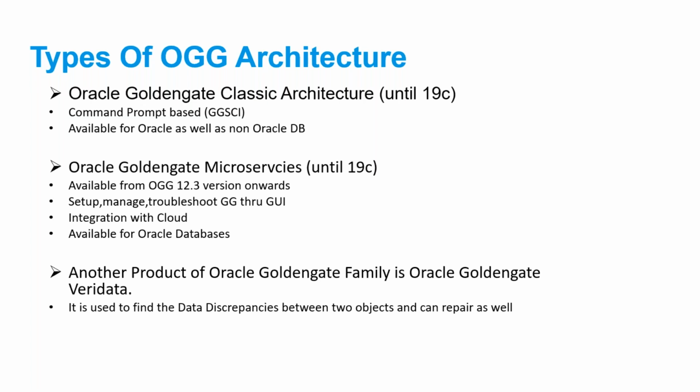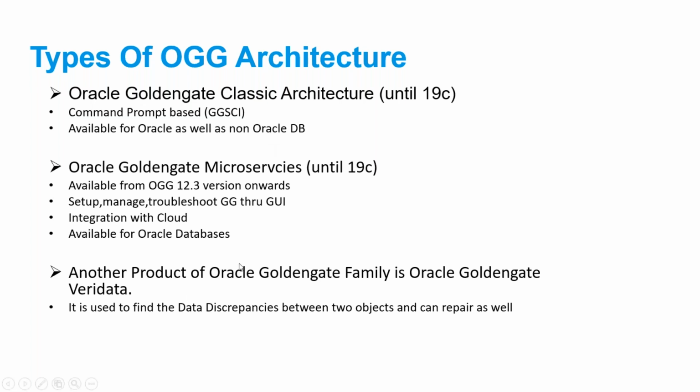Microservices is a REST API based architecture, which allows you to set up, manage, and troubleshoot Goldengate through a GUI. So now you have two types of architecture, classic and microservices. Classic architecture is command prompt based, GGSCI, and until 19C it is available for both Oracle and non-Oracle databases.